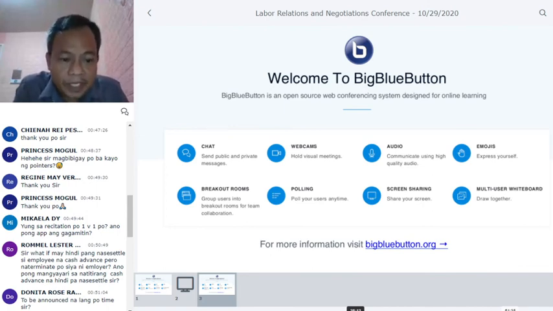Kaya kung magre-resign naman si employee, kailangan magpapirma ng clearance si employee na magre-resign. Para doon sa clearance na yon, kapag cleared siya, kapag wala siyang utang, then pwede na siyang umalis. Otherwise, kailangan mo na ayusin meron man silang inutang or cash advance na hindi pa nababayaran.